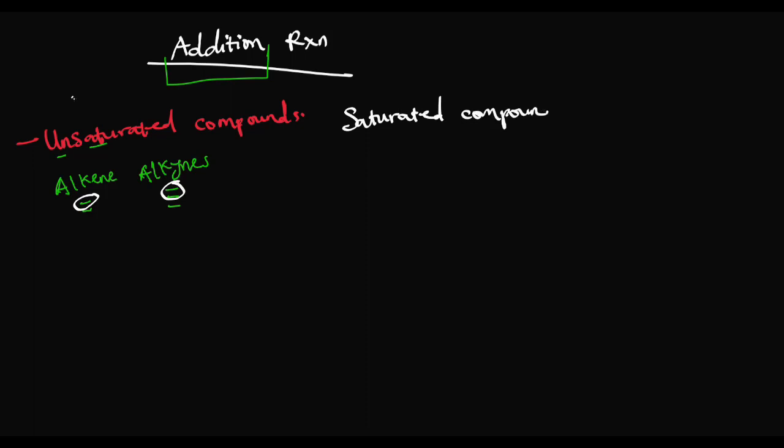Alright, it's very simple. It's simply the opposite of what I said here. The main example here is the alkane, right? On normal circumstances, it cannot take additional atoms. So let's say CH4, I mean, right? Something like this.